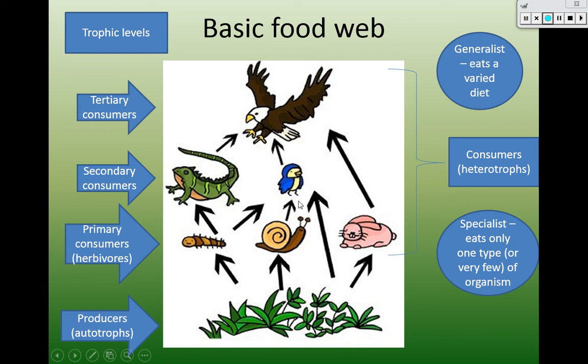So that would make the bird an omnivore, meaning eats both meat and vegetation, whereas the lizard, which is also a secondary consumer, is just a carnivore because it only eats this funky caterpillar thing. So that should give you a basic idea and some background vocabulary of what's going on with food webs in ecosystems.